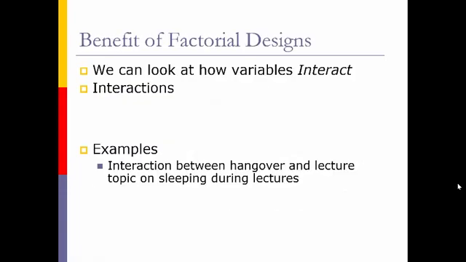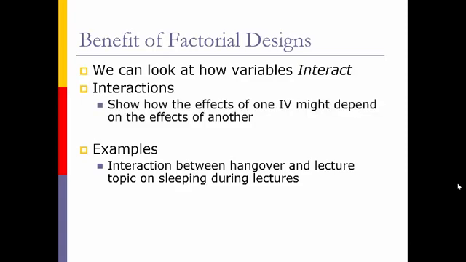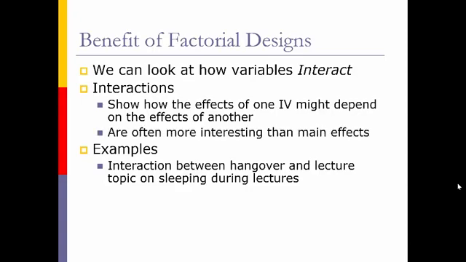All right, so why are factorial designs good? Well, one thing is very similar to the partial correlation. We can see how these variables interact. So these interactions, we want to be able to say, how does the effect of one independent variable impact the effect of another? Sometimes these are a little bit more interesting than just the main effects themselves.